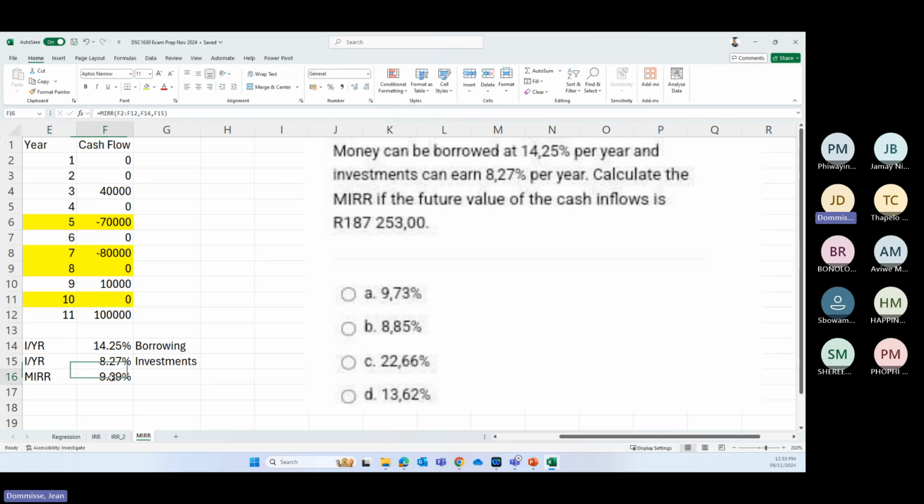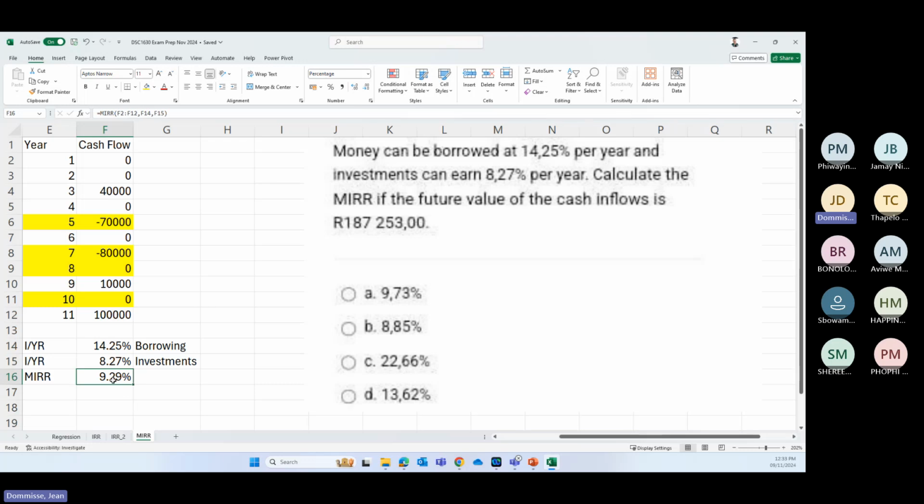So let's just make 100% sure. 1, 2, 3, 4, 5, 6, 7, 8, 9, 10, 11. It was the 11 years. The borrowing was 14.25. Investments is that.